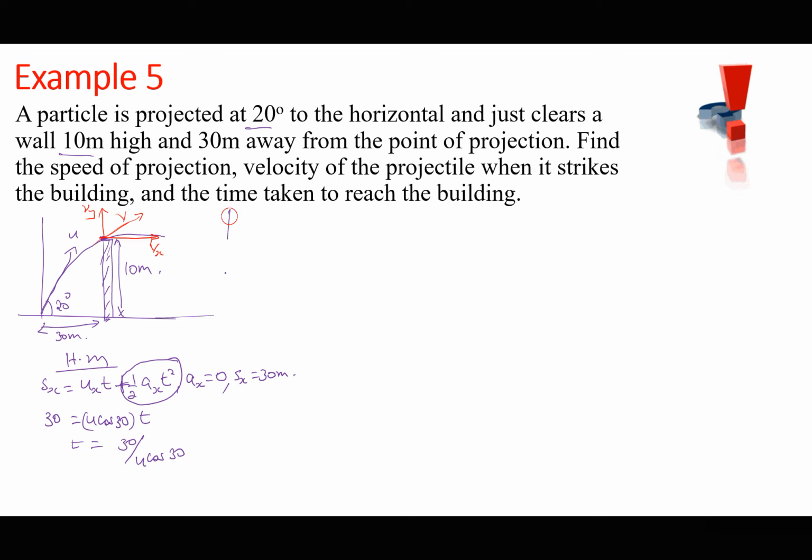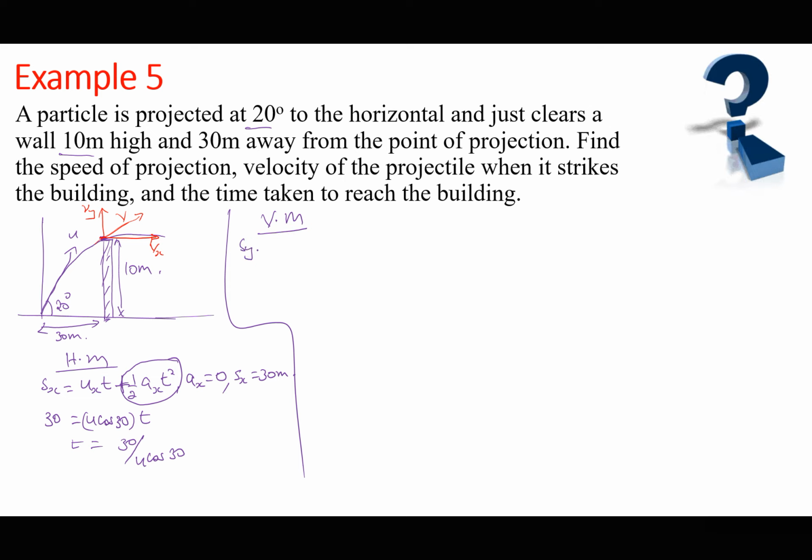Then I'm going to also consider vertical motion, and I'm going to use the same equation. S in the vertical this time is going to be initial velocity in the vertical times t plus a half acceleration in the vertical times t squared. S in the vertical, at the point when it strikes the wall, is 10.